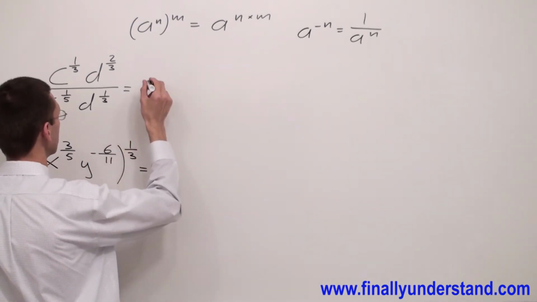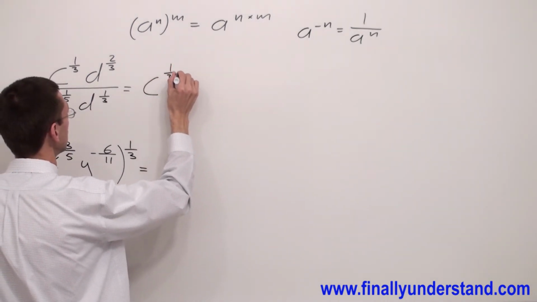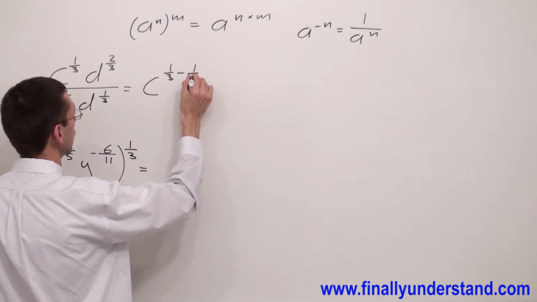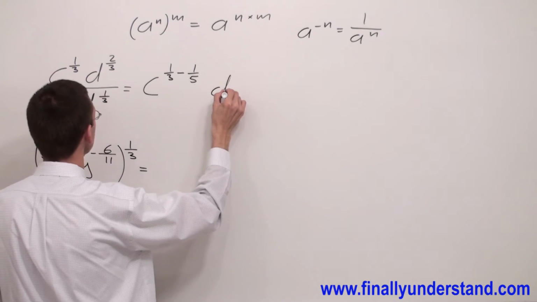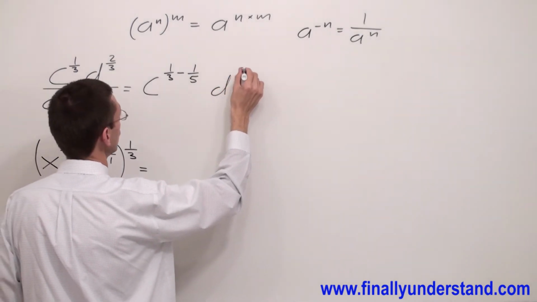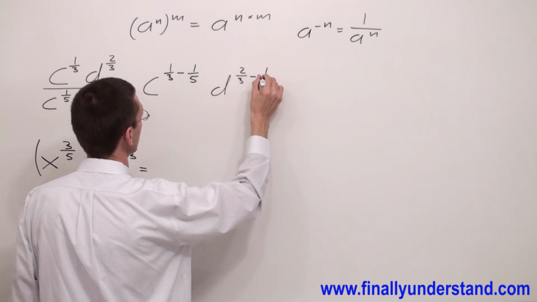So I'm going to write c to the 1/3 minus 1/5 times d to the 2/3 minus 1/3.